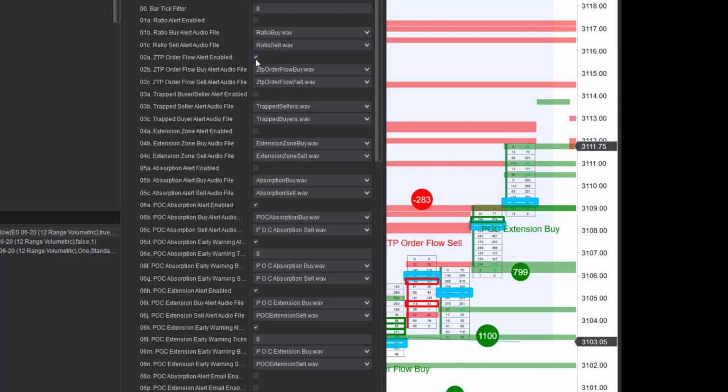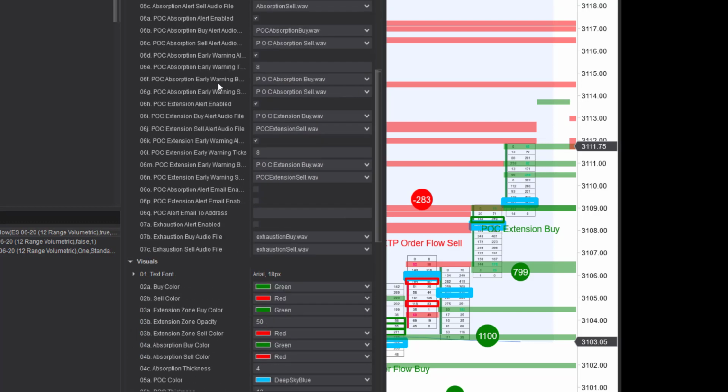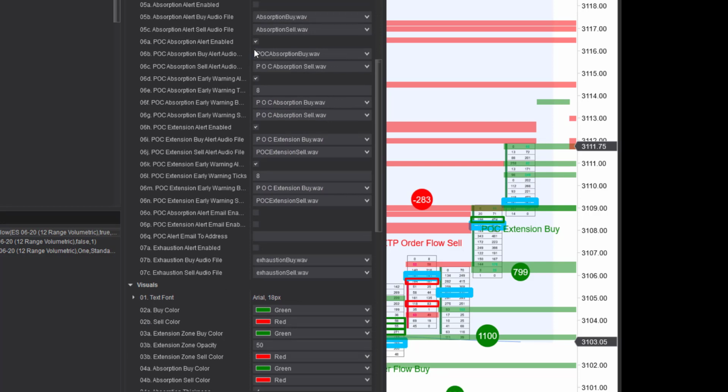So I go ahead and I enable the ZTP order flow, and I enable the POC absorption and the POC early warning absorption, again setting that number to an 8 here for the early warning ticks, and then the POC extension, and again an 8 in the early warning.